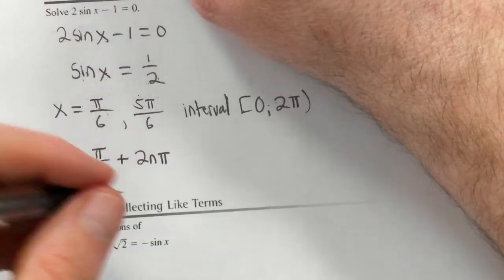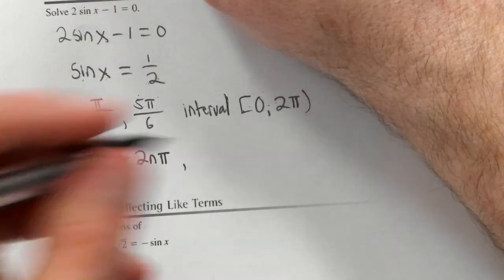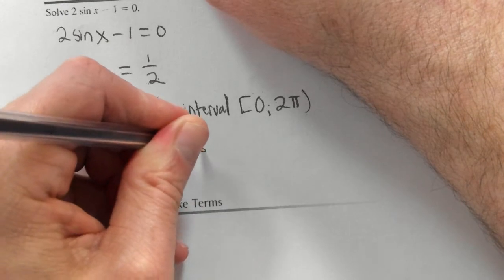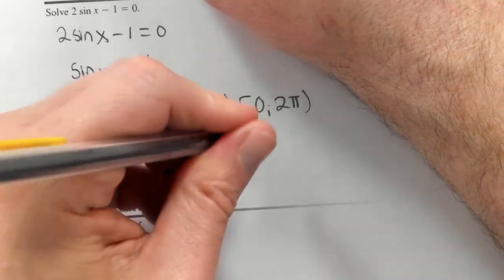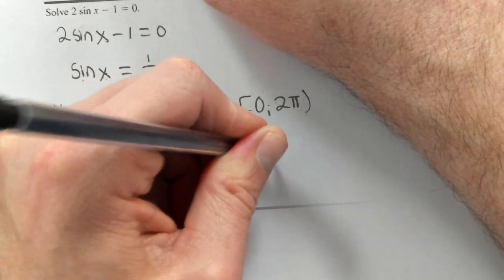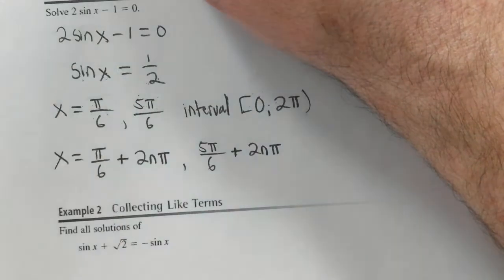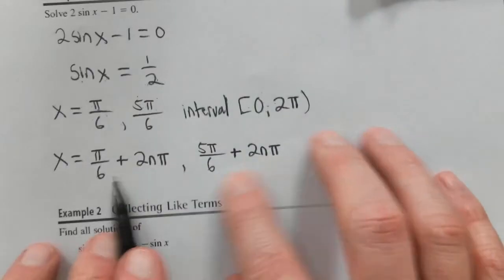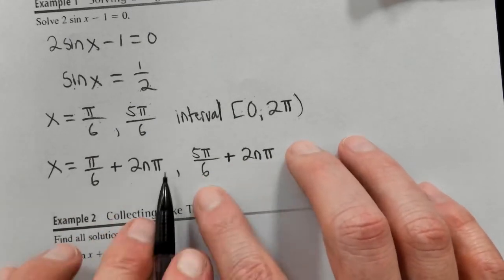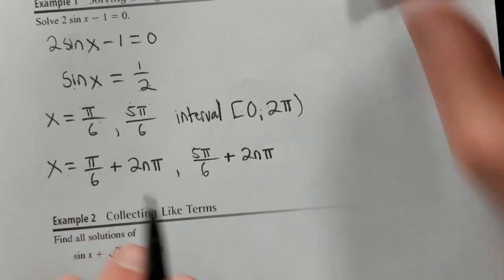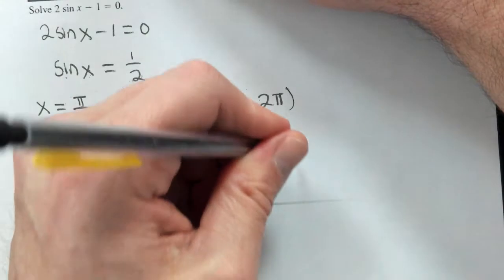Likewise, if I take 5 pi over 6 and add any multiples of 2 pi, 2n pi, that would also be a valid solution. So this would incorporate all infinitely many solutions, and this is referred to as the general solution.